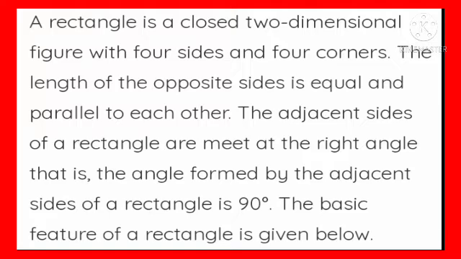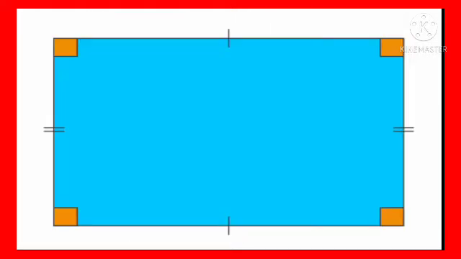That is, the angle formed by the adjacent sides of a rectangle is 90 degrees. The basic features of a rectangle are given below. Here, the rectangle has four corners, four sides, two equal diagonals, and opposite sides are equal.